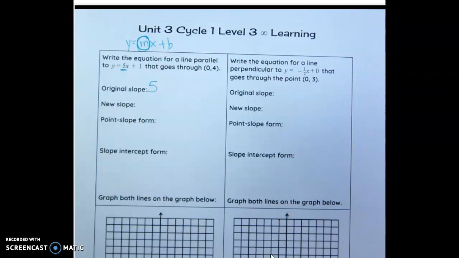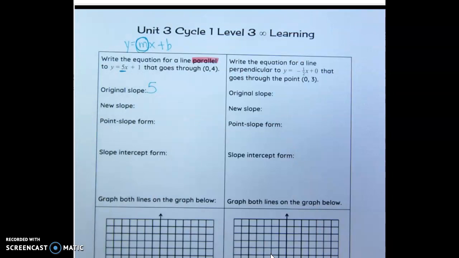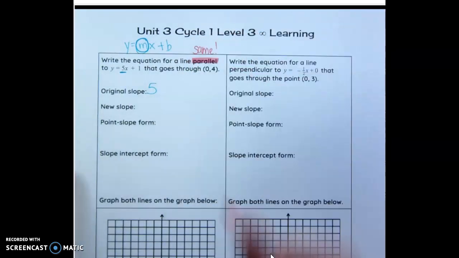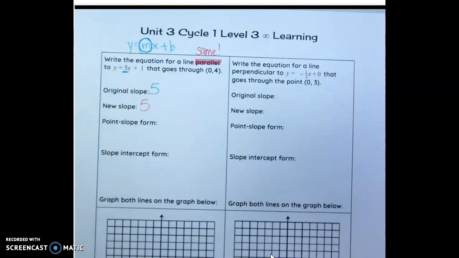Now, what are they asking? They're looking for parallel. What does parallel mean? The same. So what is the same as 5? 5! Excellent!